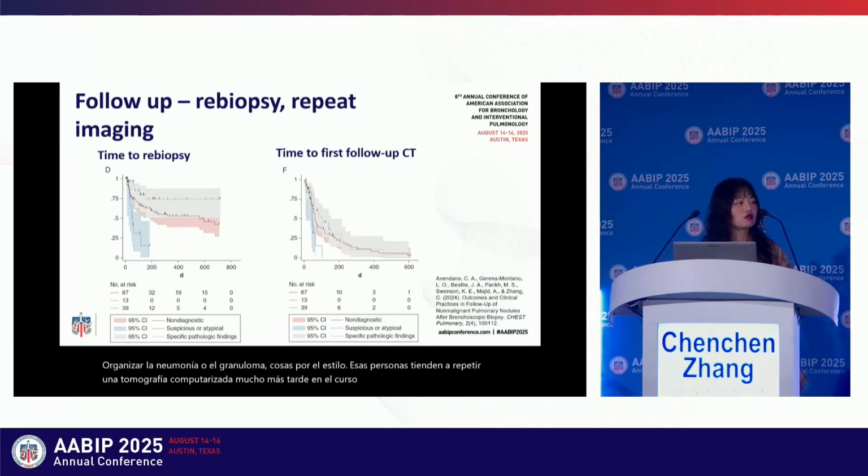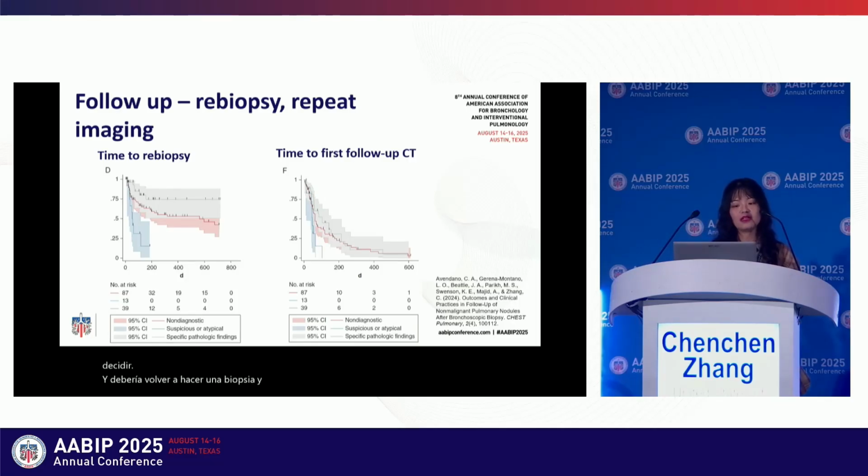And the other pathology, they tend to have a follow-up CT much earlier. So basically, what we know from this retrospective study is that when you do your biopsy, the language from your pathologist can help you decide when to rebiopsy and when to do a follow-up CT scan. That may help you a little bit.